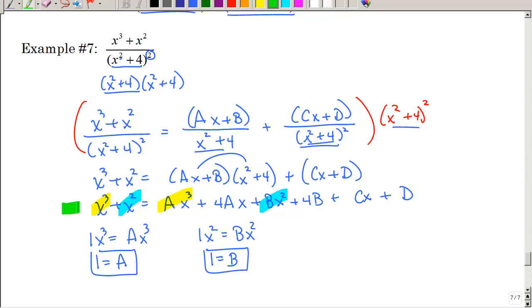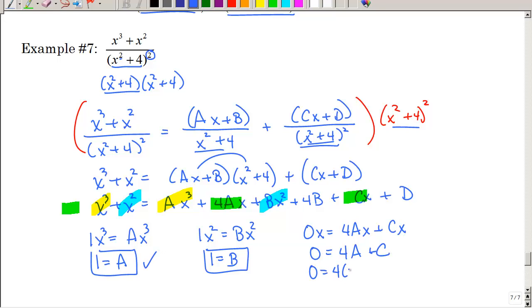I have none here. I have 4ax and cx. So I have 0x equals 4ax plus cx. I can keep going because I know a is 1. So that tells me c is negative 4.